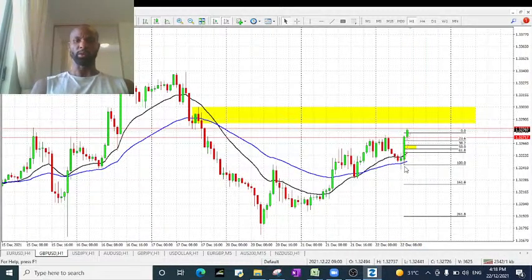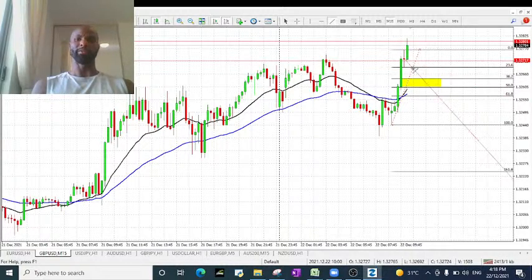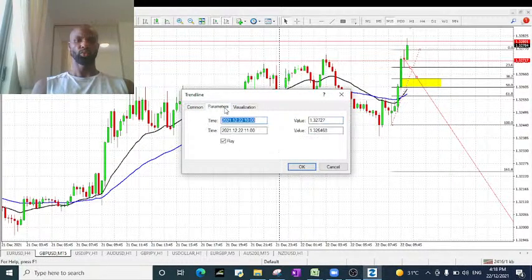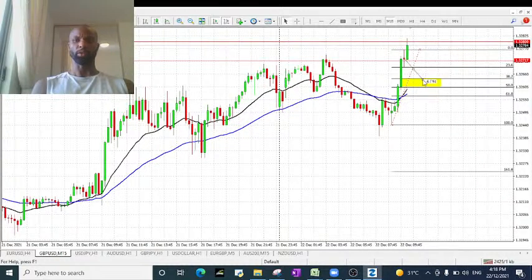But you never chase a trade. You never chase a trade. So the ideal scenario would have been a retracement here. Retracement to this zone, and we take profit here.